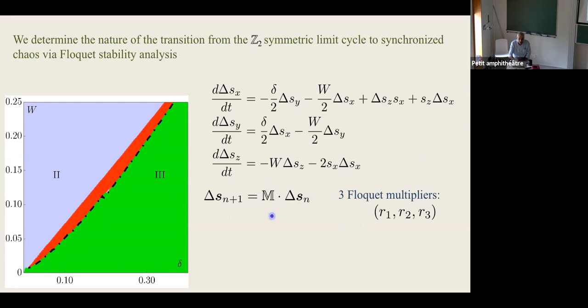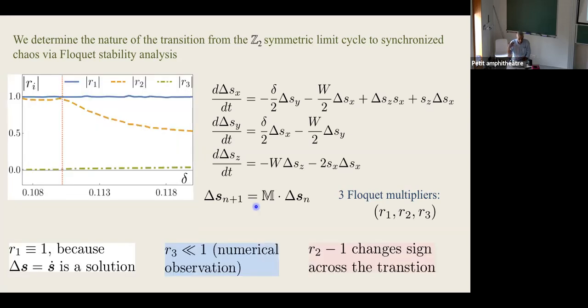This M has 3 eigenvalues, and the system becomes unstable when any of the eigenvalues in absolute value is larger than 1. It turns out that one eigenvalue is identically 1 because delta S equal to S dot is a solution of these linearized equations.